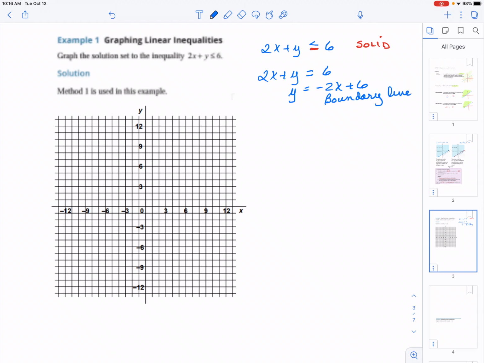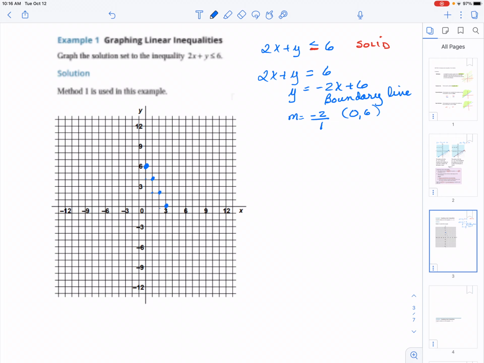So I'm going to go over here and graph it. So I know that the y-intercept is at 6, and I know that the slope is -2, and I'm going to put that over 1. So I'm going to begin here by plotting (0, 6), and then I'm going to drop down 2 and go to the right 1, down 2 and to the right 1, and I'm going to try to sketch it in.